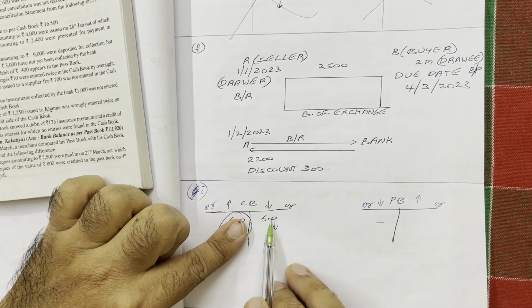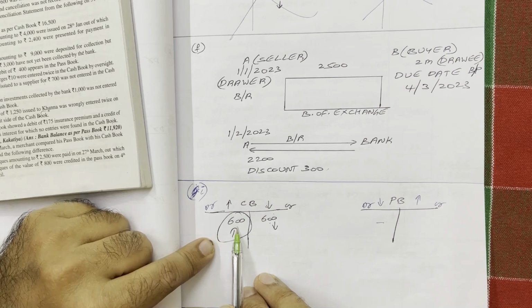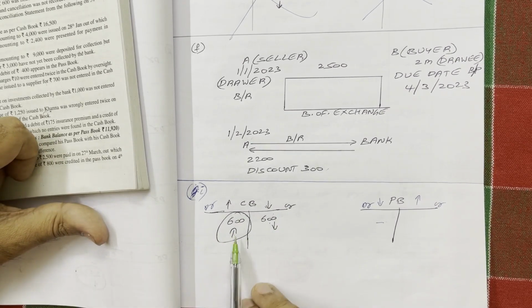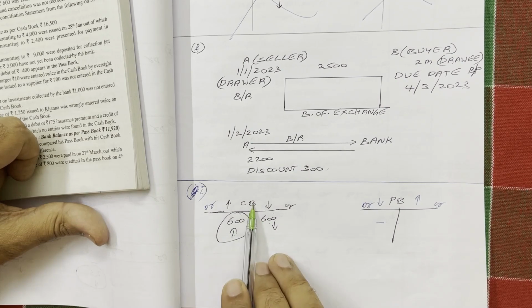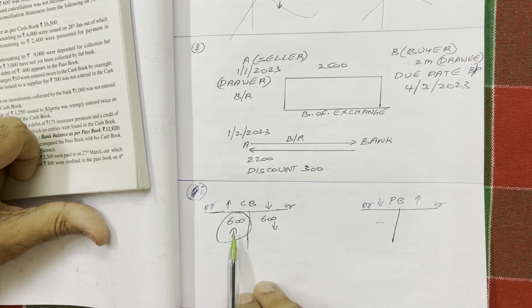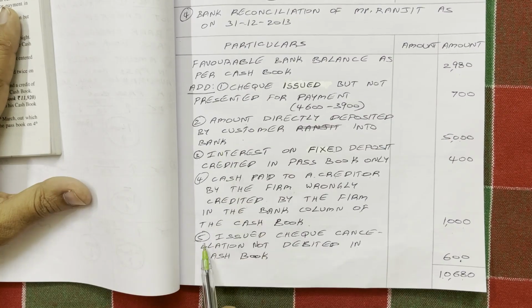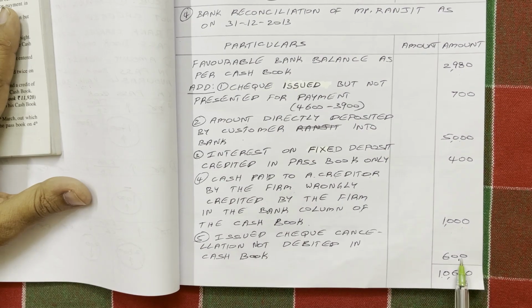How to cancel this? Again you have to increase 600. Then both will get cancelled. So the final answer is 600 increase in cash book. Increase in cash book means debit side, no? So 600 debit. Increase means add. Under additions, fifth point: issued check cancellation not debited in cash book. In outer column 600 rupees.